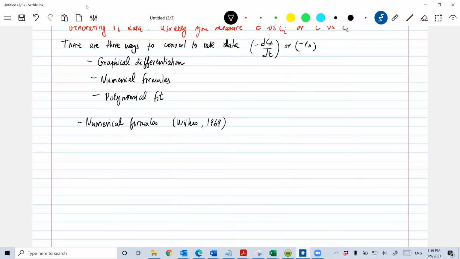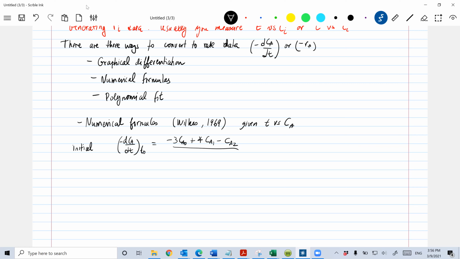Say you're given lots of time versus CA data, or you measured time versus CA data, so you can calculate the rates. So the initial point, let's say dCA/dt at time 0, is equal to this.